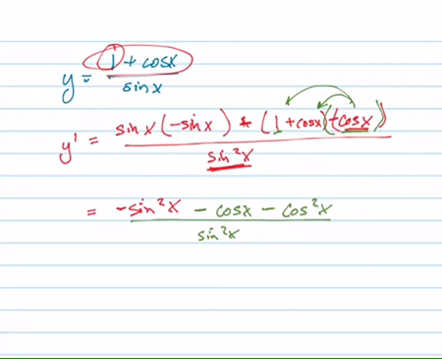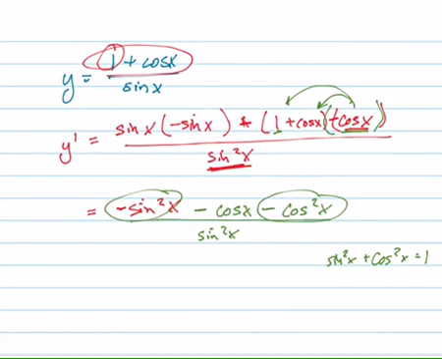Now we're not done, because you'll notice that I've got 2 things there that could be simplified. If you remember the famous trig Pythagorean identity, which says that sine squared x plus cosine squared x equals 1.